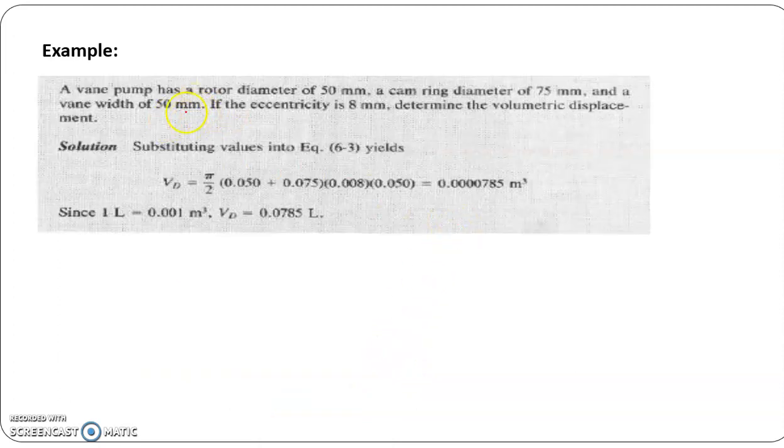Next we proceed to the example. So we see the example for the vane pump. The data given for the vane pump: first they give the rotor diameter of 50 millimeter. So the given data, DR equals 0.05 meter.